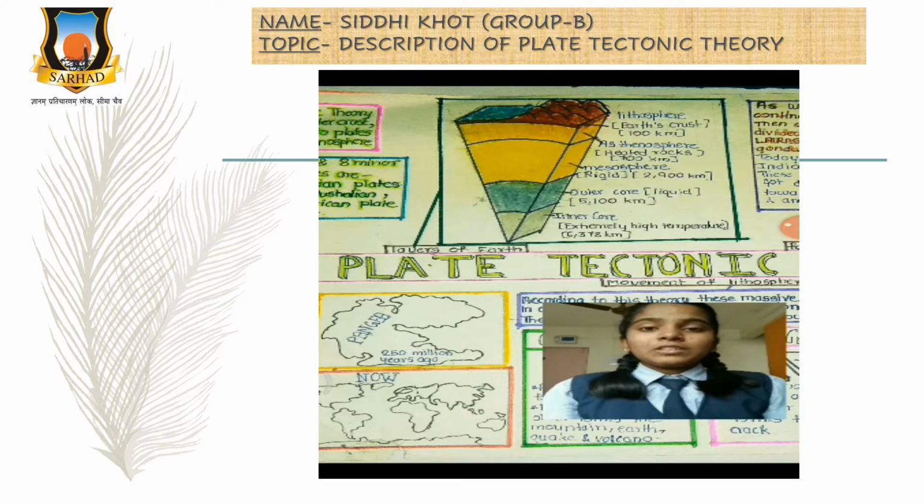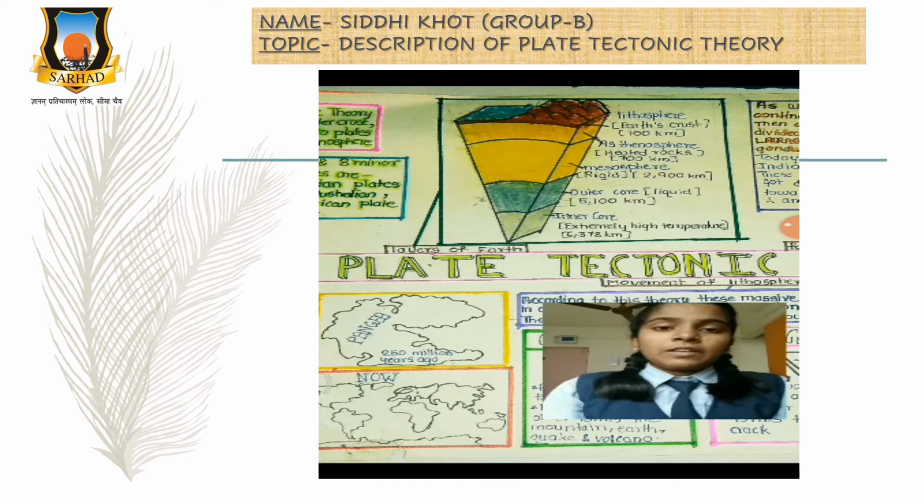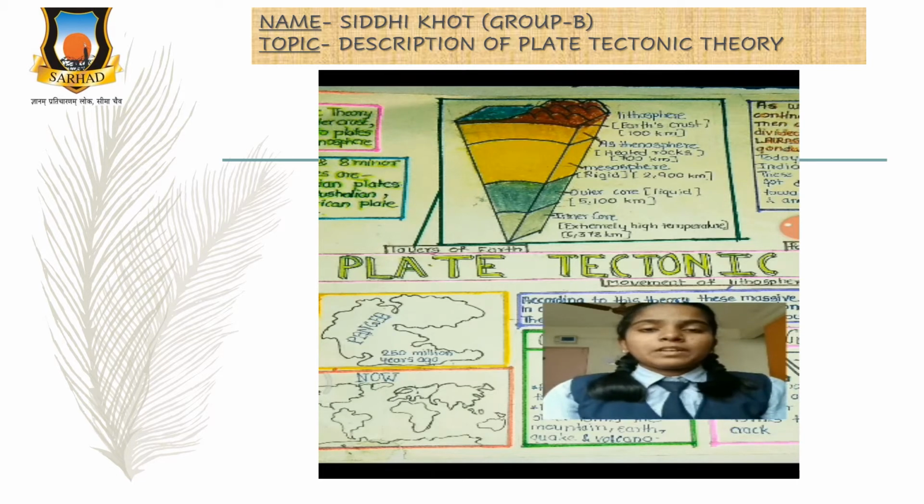This asthenosphere is constantly moving, as they are heated rocks. They are not liquid, but they are heated. Then we will see the mesosphere. The mesosphere is rigid. It is a fluid, means it is converting from solid to liquid. That is the mesosphere. Its width is 2,900 km.